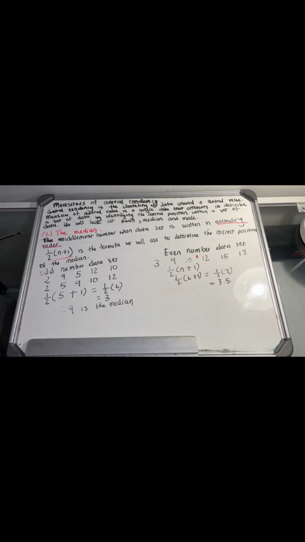So now when we calculate a median, we will take the values between position 3 and position 4. We'll take the values in the third position and the fourth position, and we'll add them together and divide by 2 to get the median.